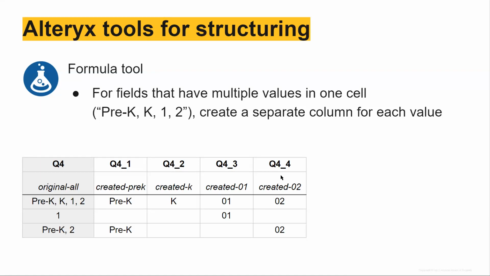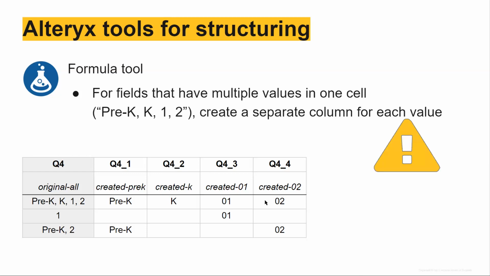So if I wanted to pull only the teachers who taught grade 1, I could look at just this one column. So column 4.1 would be the pre-K column, 4.2 would be kindergarten, and so on and so forth. And so what we wanted to do was have the formula look at the original value and then populate the columns accordingly. Does that kind of make sense?